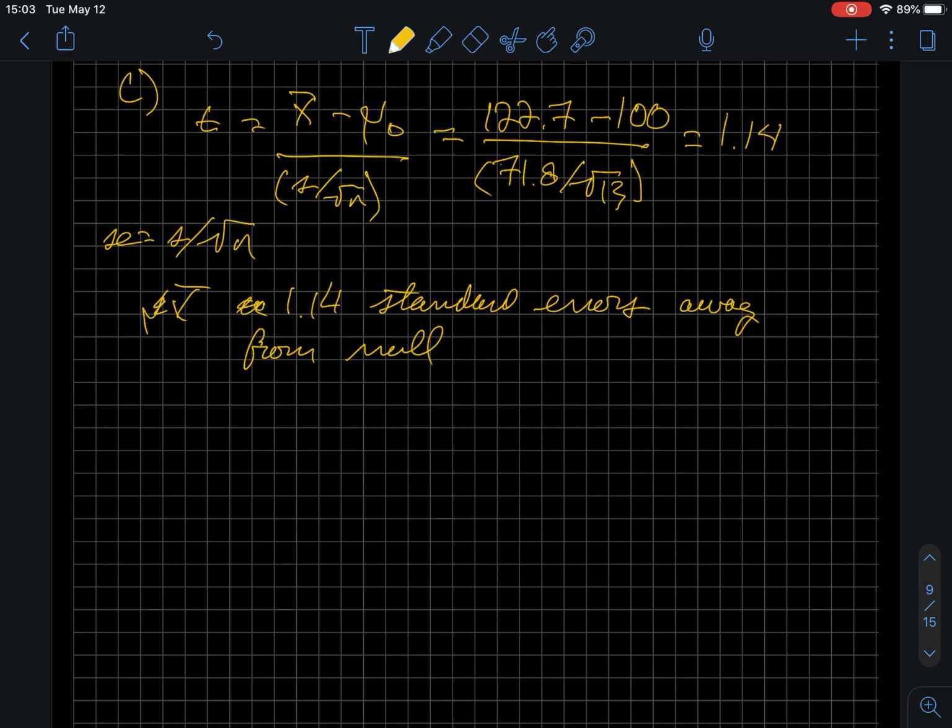If we go back and look at a one-sided t-score, this p-value is going to be 0.138.